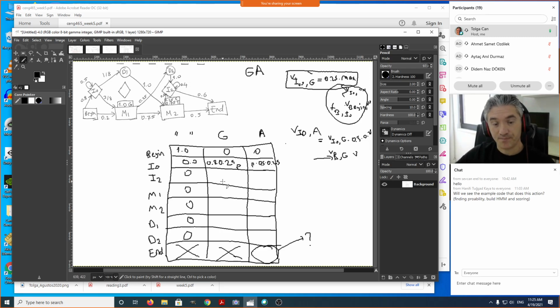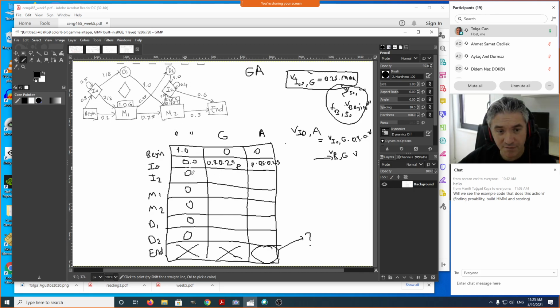Let's come to I2. In order to compute I2, what are the preceding states? Delete 2 and M2, right? Oh no, it's not M2. Yeah, after M2, I can go to I2. Do you know the probabilities about M2 or delete 2? Not yet.